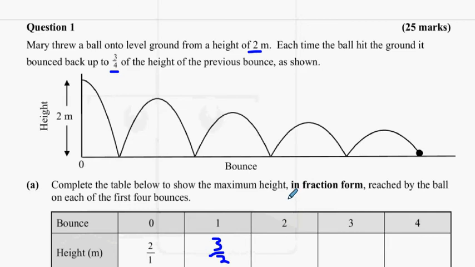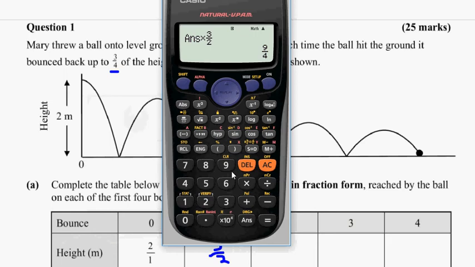Now, 3/4 of the height of the previous bounce, okay? So, 1 sec, 3/4. So it's 3/2 multiplied by 3/4. Let's make sure I don't make some easy errors earlier on. 9/8.